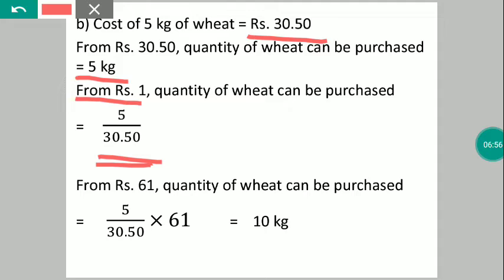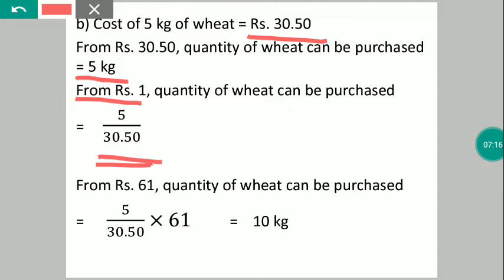Here we revise that in rupees 30.50 we get 5 kg. So from rupees 1, the quantity we can purchase is equal to 5 upon 30.50. But we have to find the quantity of wheat that can be purchased in rupees 61.